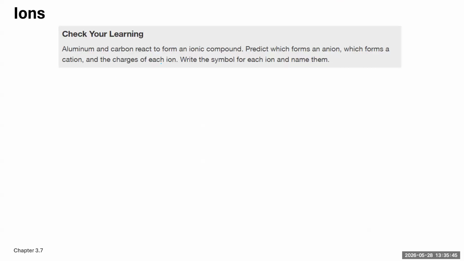All right, so let's look at this. It says aluminum and carbon react to form an ionic compound. So metal, non-metal. Aluminum is going to be the metal, and carbon is going to be the non-metal. Predict which one forms an anion.